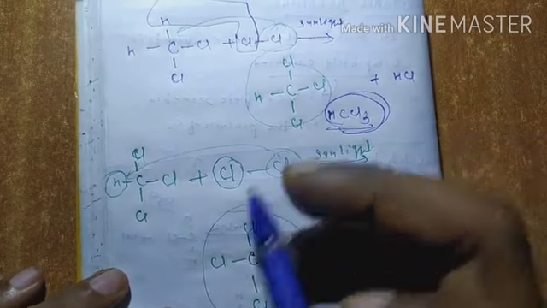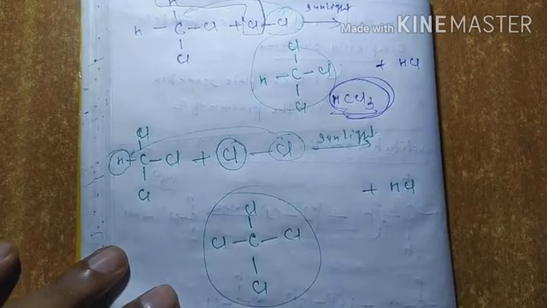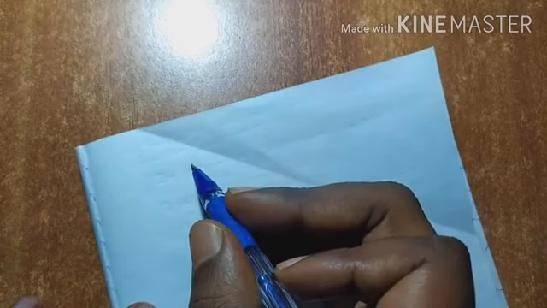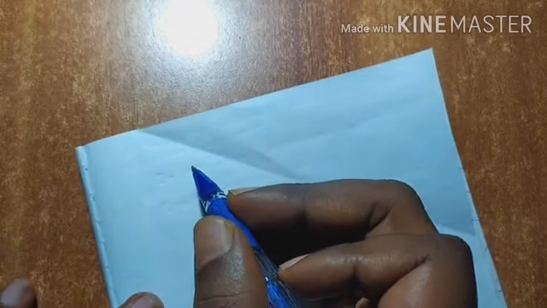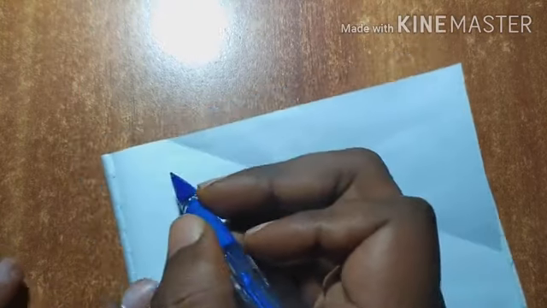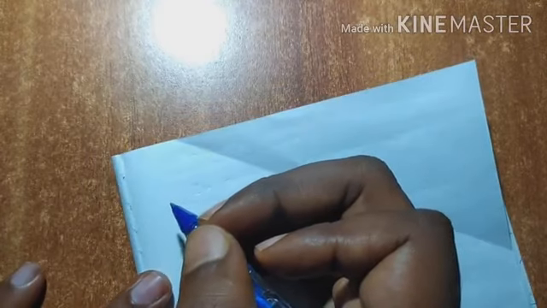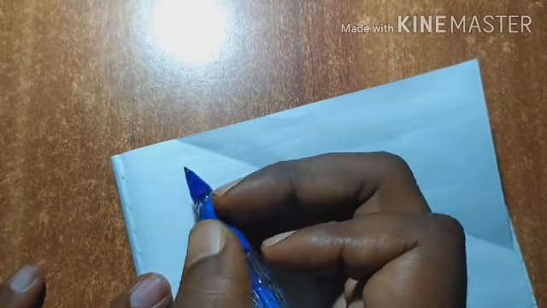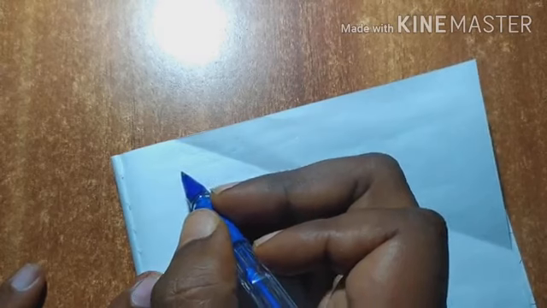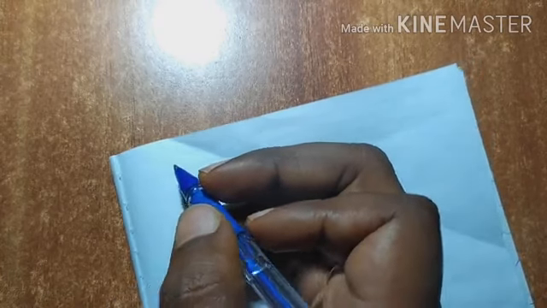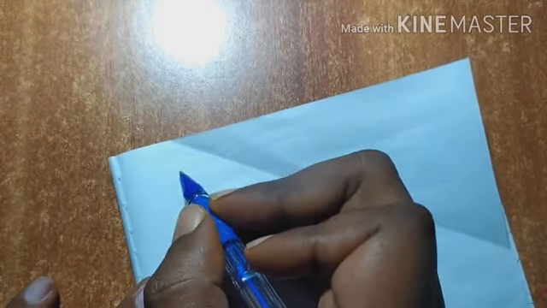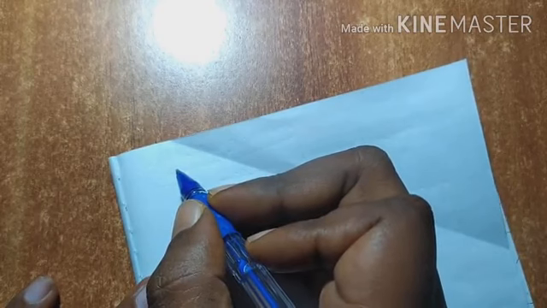Your next topic is the chlorination of propane. Chlorination means reaction with chlorine. For example, if we do chlorination of propane, use your brain power given on page number 126.